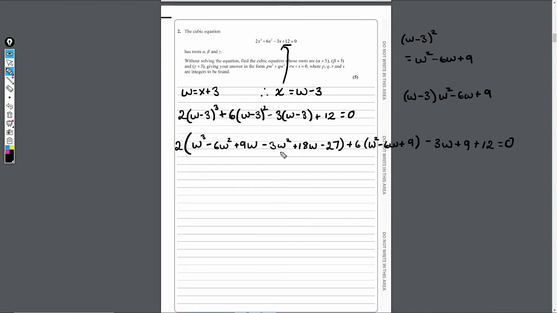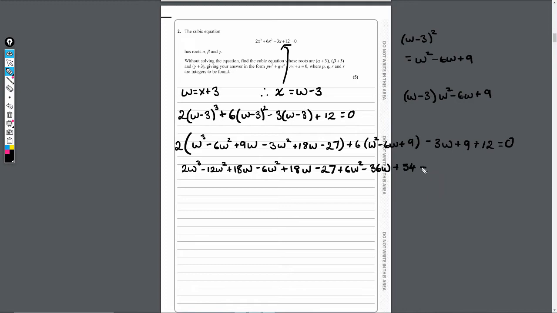Now I'm just going to expand everything in here by 2. So 2 times everything, I'm going to get 2w cubed minus 12w squared plus 18w, minus 6w squared plus 18w minus 27. Times in this 6 now, so I'm going to get plus 6w squared minus 36w. 6 times 9, that'll be plus 54.